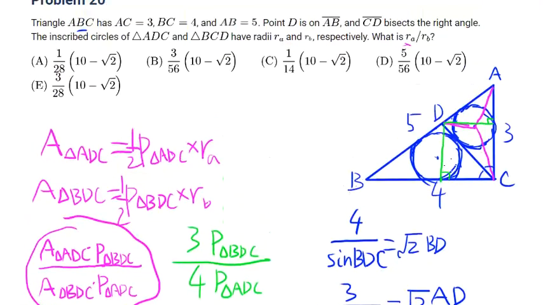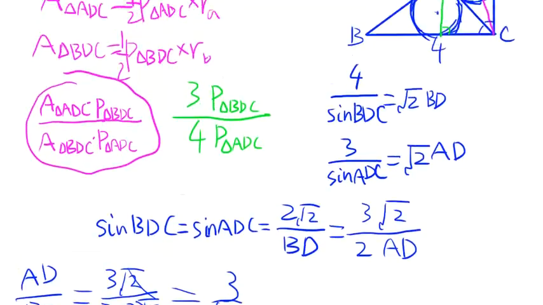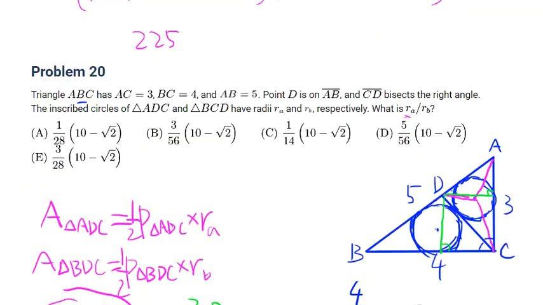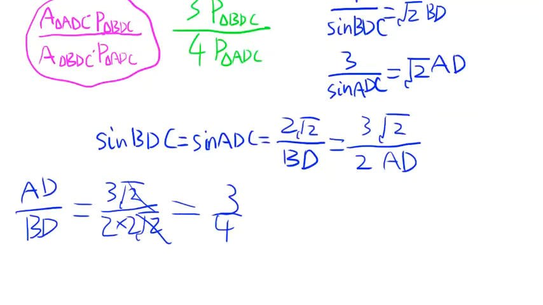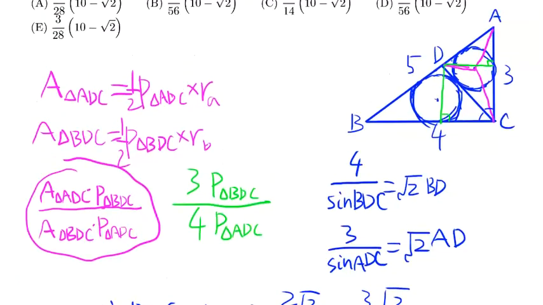Actually, that's pretty obvious. I basically just did an over-explanation, but of course this works for practically any angle bisector. If there's an angle bisector, then the ratio between this and this is equal to the ratio of this and this. I just proved this one more time. So this is 3 over 4, and the areas are 3 over 4.